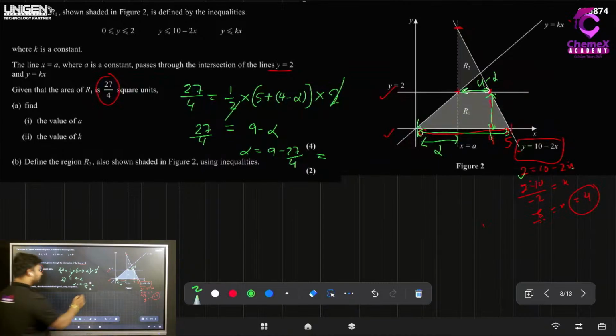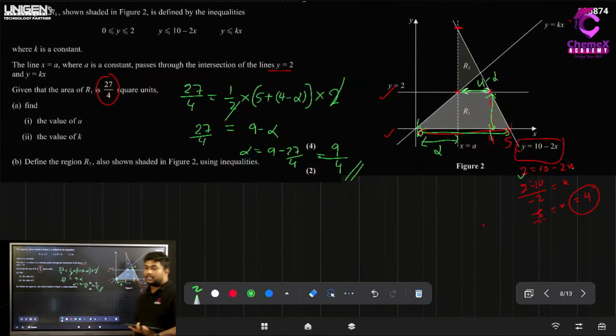Nine over 4. Anyone has questions with finding alpha? If you don't understand, you can ask Aman and Sulochana. Is there a part which is not clear for you? How I found alpha?